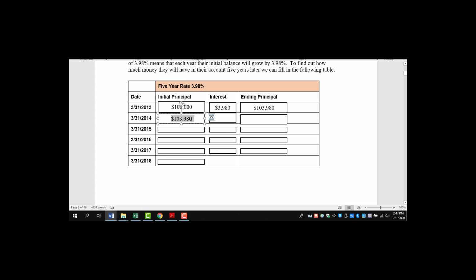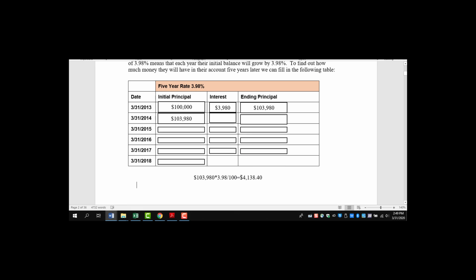They have that much money, and they're going to get 3.98%, which is 3.98 over 100, on this amount of money the second year, which I did on my calculator, is 4138.40. So that's the interest that they earn the second year.